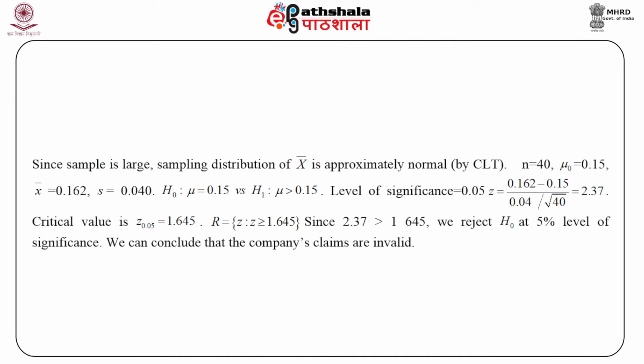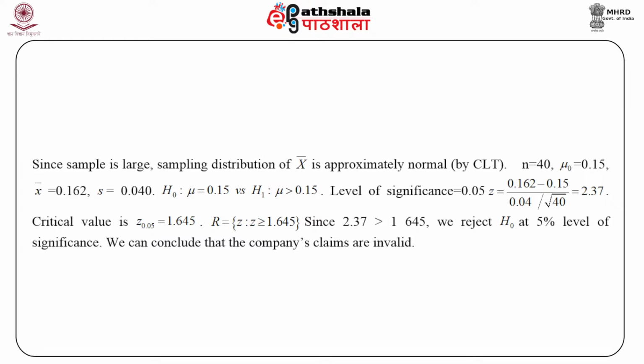Let's see the solution. Since the sample is large, the sampling distribution of X bar is approximately normal by the central limit theorem. Now, n is 40, mu 0 is 0.15, x bar is 0.162, s is 0.040. And what is the null hypothesis?